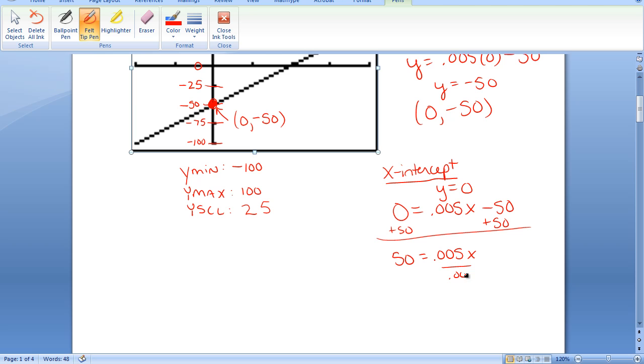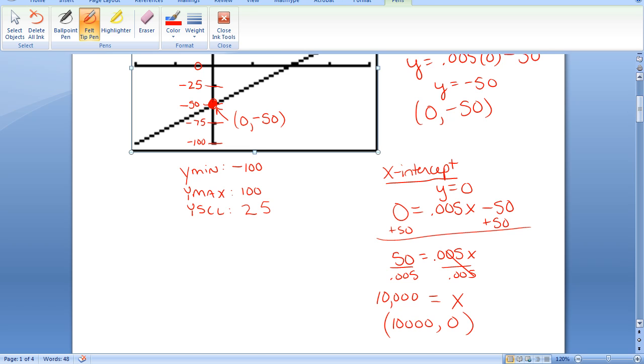Divide both sides by 0.005. And when you take 50 divided by 0.005, we get 10,000. So the x-intercept is 10,000, 0.